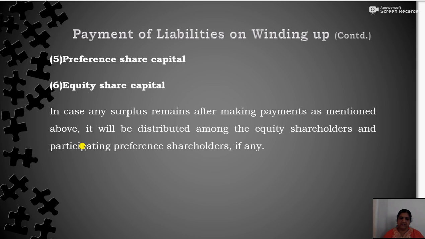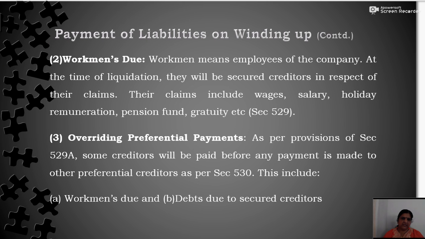You know the different types of preference shares: participating, non-participating, cumulative, non-cumulative, redeemable, irredeemable, and so on. In case of participating preference shareholders, they will have an additional right to participate in the income left after making payment of all the dividends. Okay, so this is the order of preference.